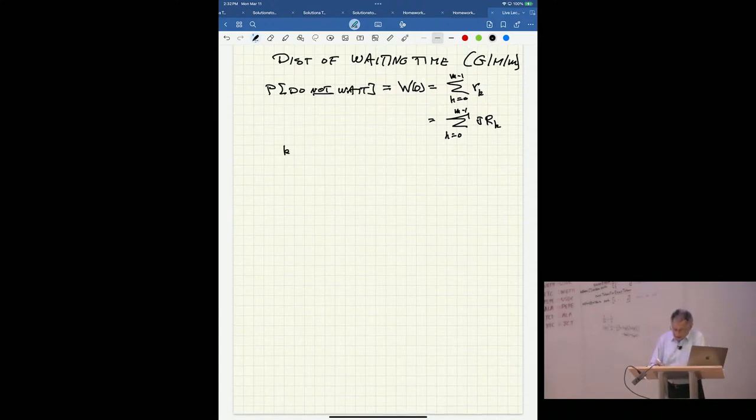Now for k greater than or equal to m, you have to wait. An arriving customer must wait until how many customers depart? K minus m plus 1 depart before he goes into service. And that's his waiting time.